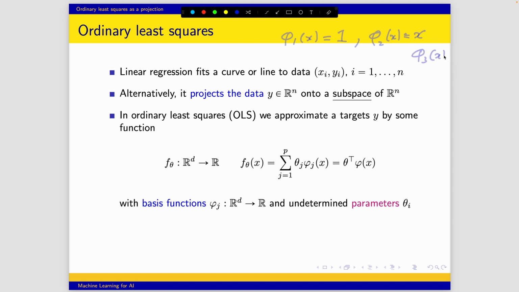Psi3 of x is x squared, and so on. We can get the pth one here. Psi p of x would be x to the p minus 1, right? And so what do we have? Our model would be a polynomial. f theta of x would be theta 1 plus theta 2 times x plus dot dot dot up to theta p times x to the p minus 1, right?